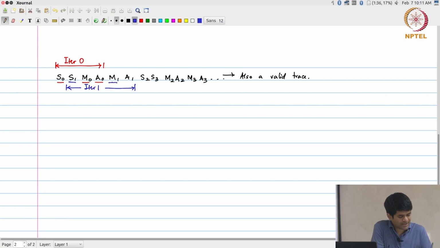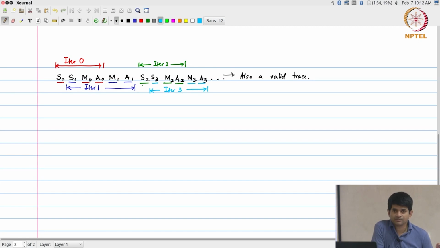It basically corresponds to S1, M1 and A1. Iteration 2 corresponds to these three. Iteration 3 to these three, etc.